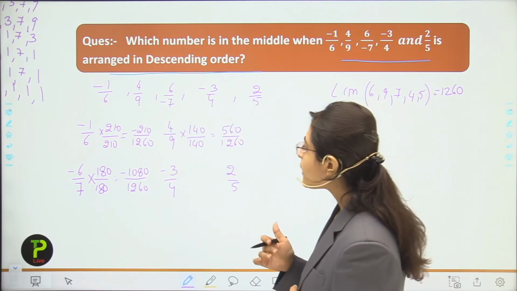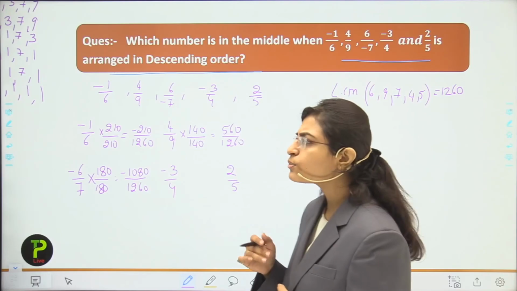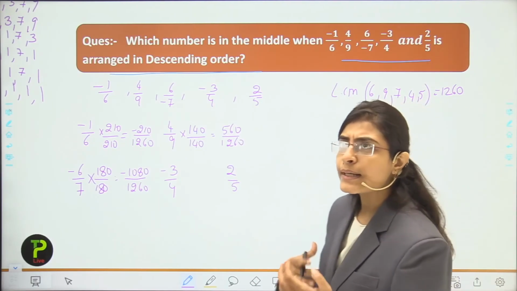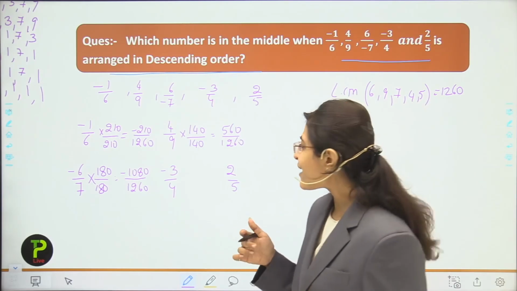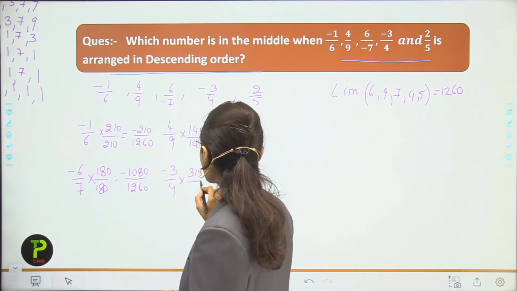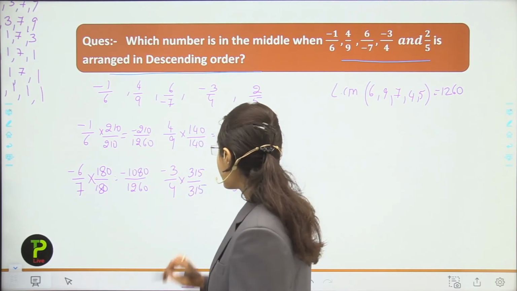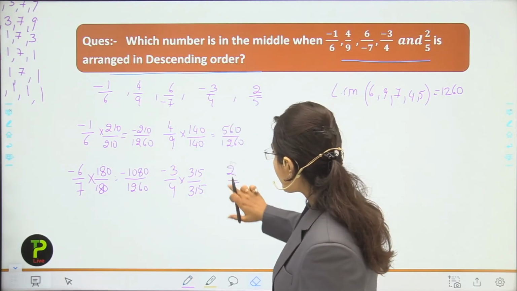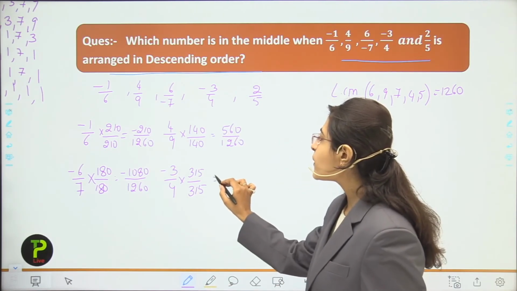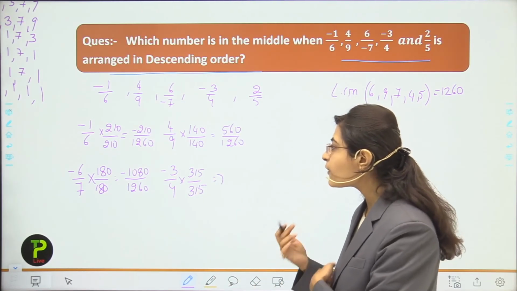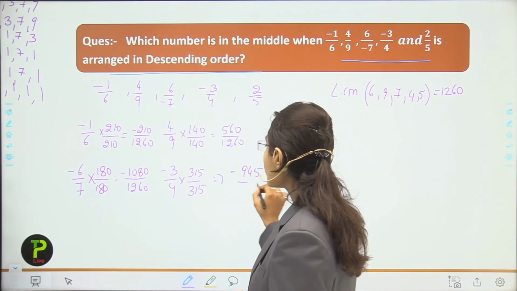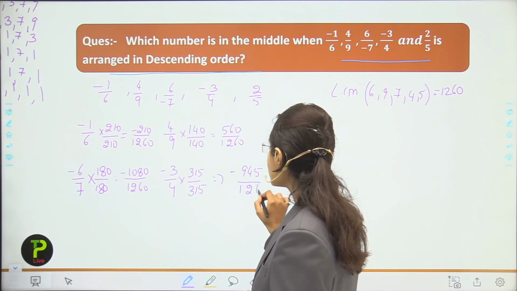In a similar way, I have to make this 4 as 1260. Alright. What should I multiply it with? 315. So multiply the numerator and denominator by 315. Alright. Here I am removing this 2 by 5 and I'll write it over there. And it will be equal to 315 into 3. It will be minus 945. Alright, and here it will be 1260.